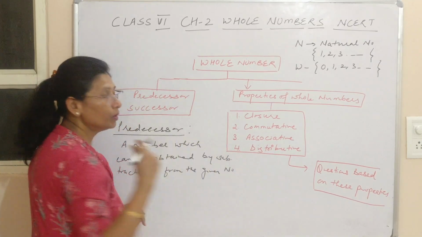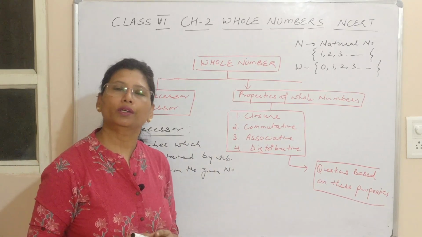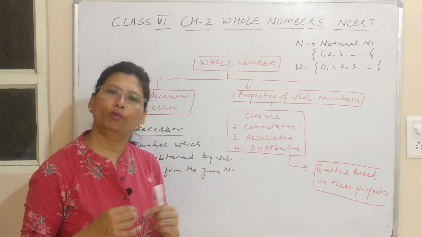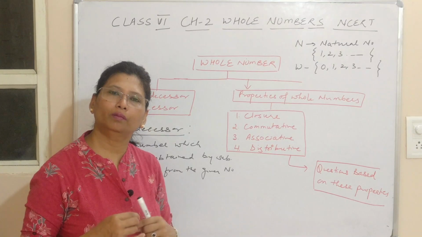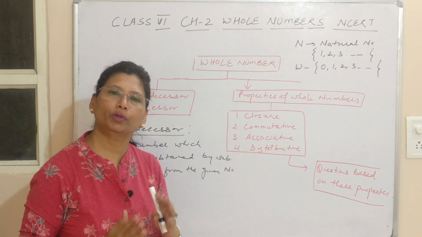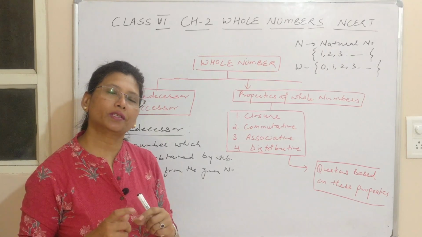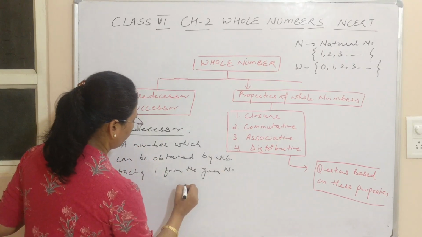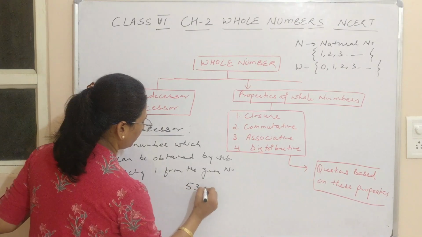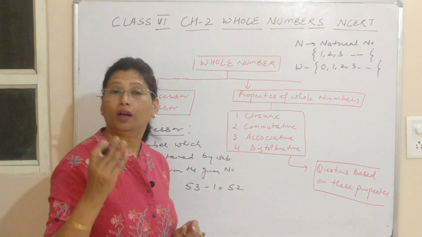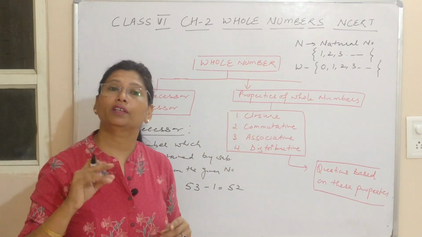I know you all know that, but the problem is whenever it comes to writing a statement, we always fail, because in maths we are dealing with numbers, figures and facts, and when it comes to writing, we always lag behind. So if we are looking for the predecessor of 53, its predecessor is going to be 52.